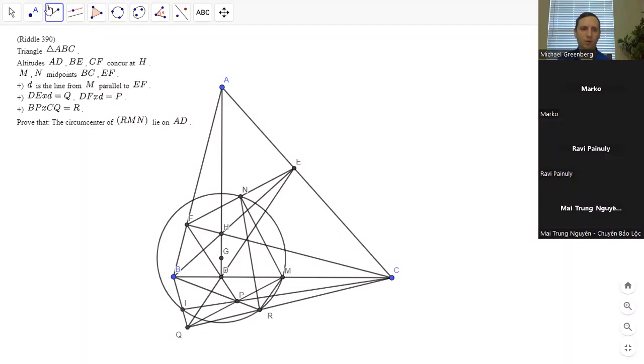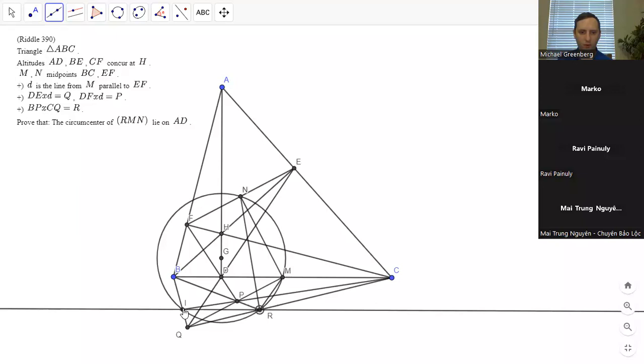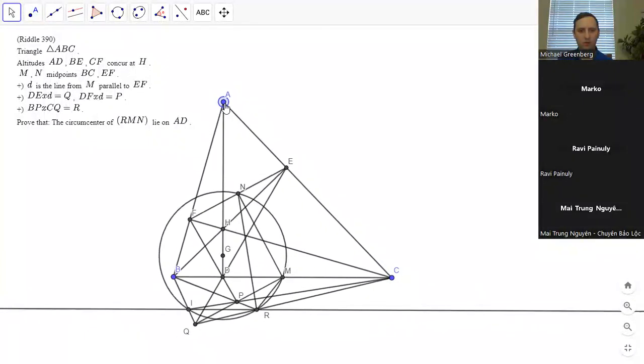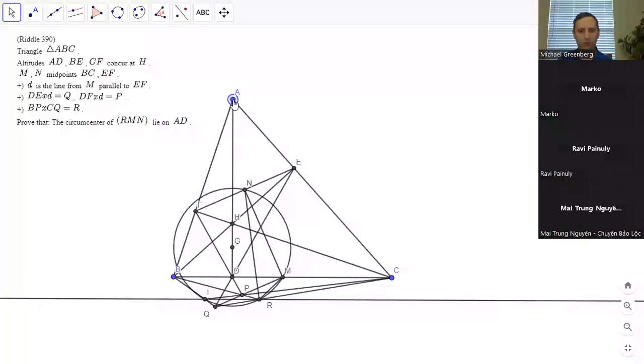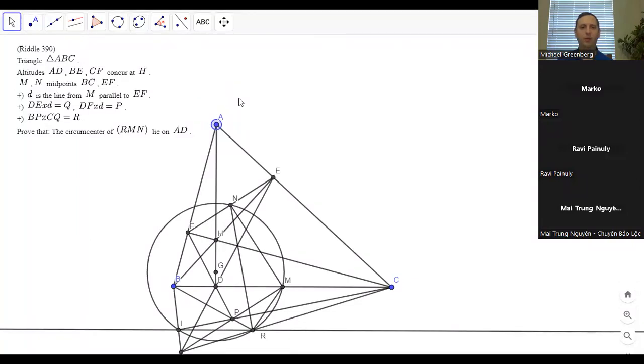Well, if you look at IR, I don't think that's parallel to BC, is it? Maybe it is. I don't think it is, but oh, it is parallel to BC.